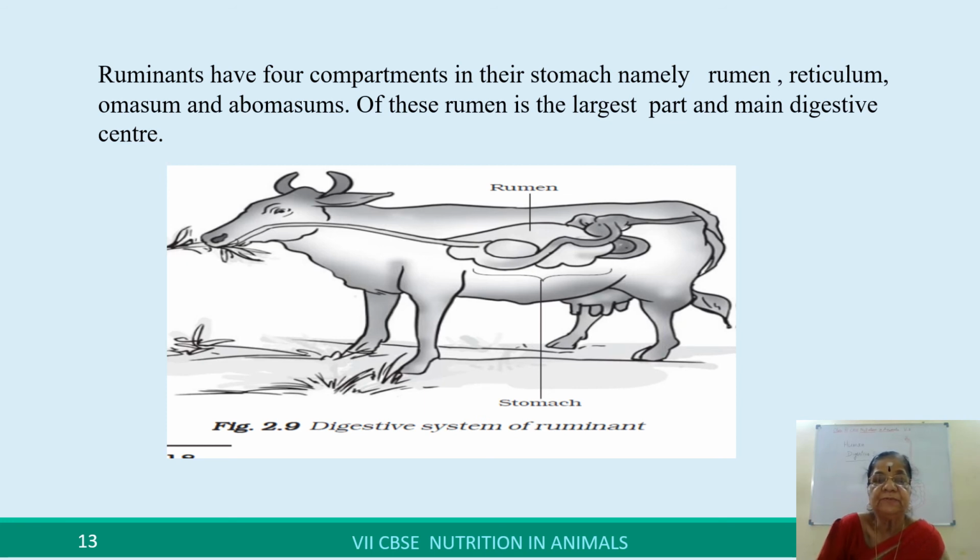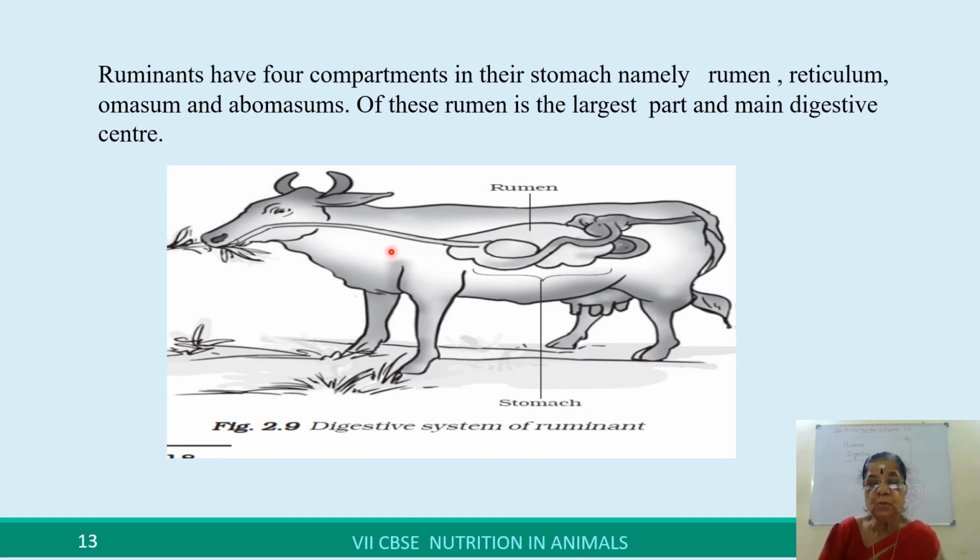The characteristic feature of ruminants is that they have 4 compartments in their stomach: rumen, reticulum, omasum and abomasum. I repeat, rumen, reticulum, omasum and abomasum. In that, the rumen is the largest part and the main digestive center.